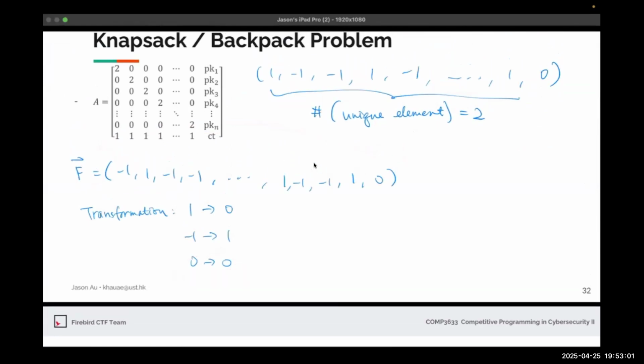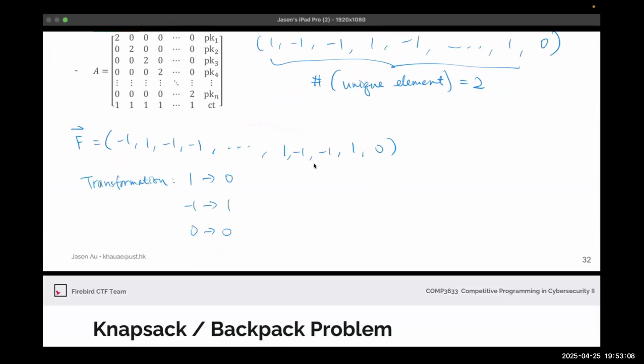And we can perform this transformation. So we will get the new f, or actually the flag. Okay, so the flag vector would be like 0, 1, -1, -1, 1. Sorry, my bad. 1 becomes 0, and -1 becomes 1.